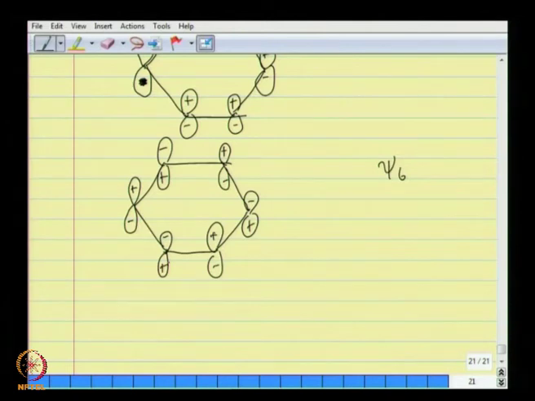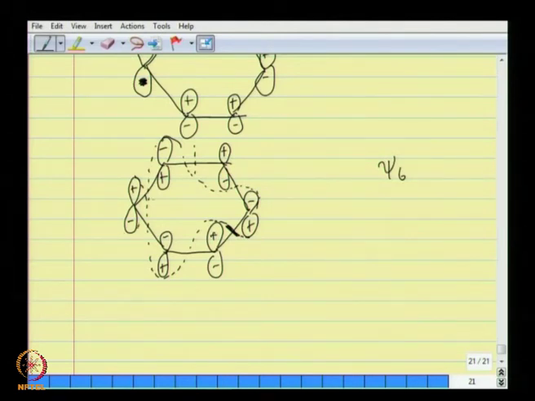and the other three are negative combinations, minus plus, minus plus, minus plus. Okay. Now, you can see that there is a nodal plane here, the orbital goes through a nodal plane here, and again it goes through a nodal plane. You can see that it goes down here.